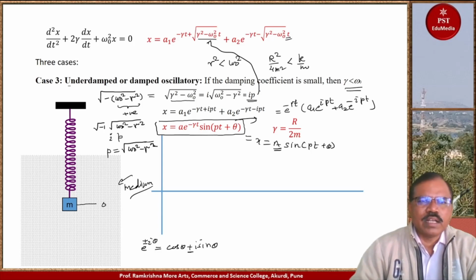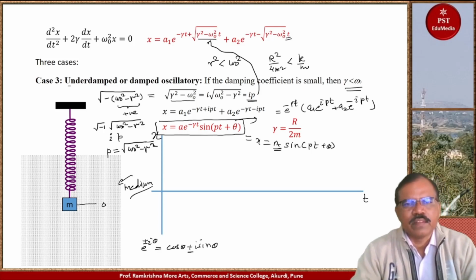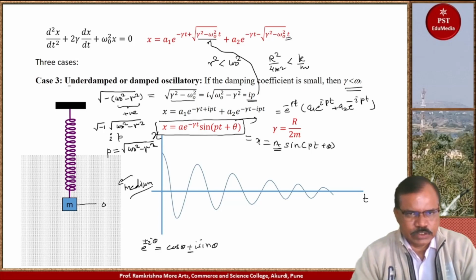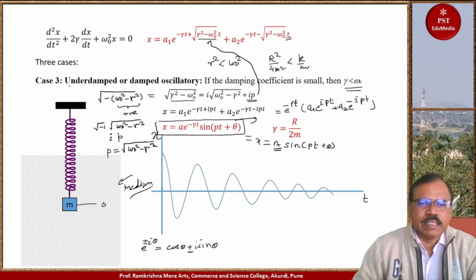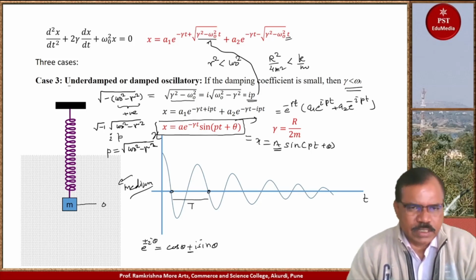If we plot the graph of x versus t, you will get a graph like this. And suppose we measure time from this to this, that is the period of oscillation, T.